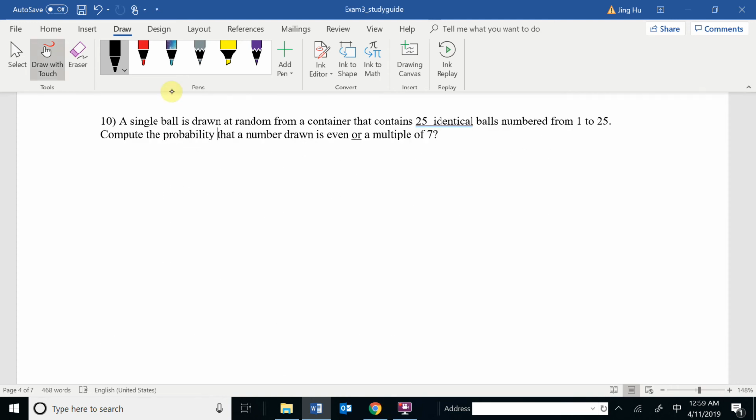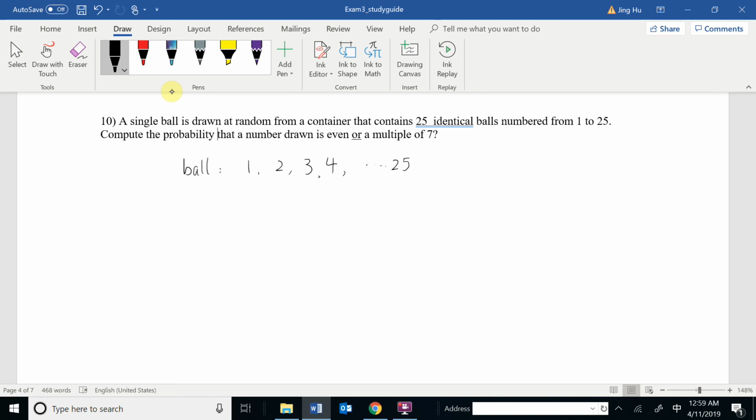Now let's do number 10. We have a container with 25 balls numbered from 1 to 25. So the number 1 ball, the number 2 ball, up to 25.